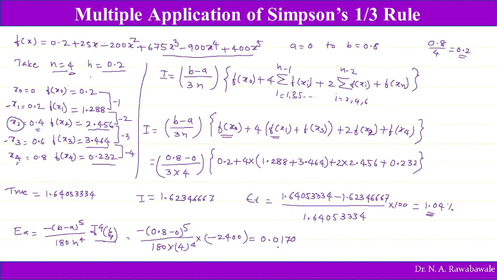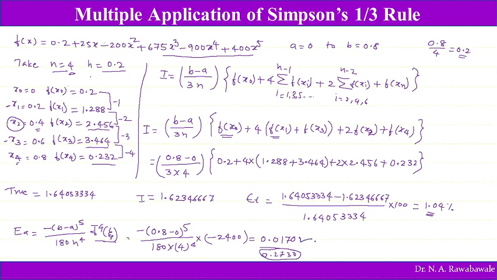So this error is going to become 0.0170. In the previous case, the same problem was solved by using simple 1/3 Simpson's rule, and there we found that the approximate error was 0.2730. So this error is reduced by the application of multiple Simpson's 1/3 rule.